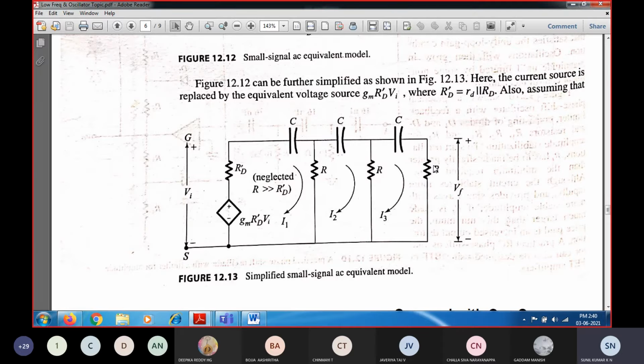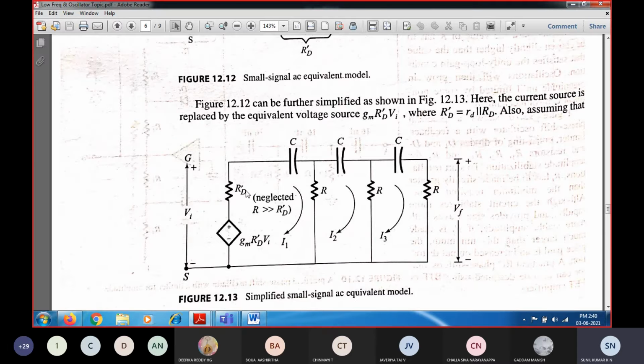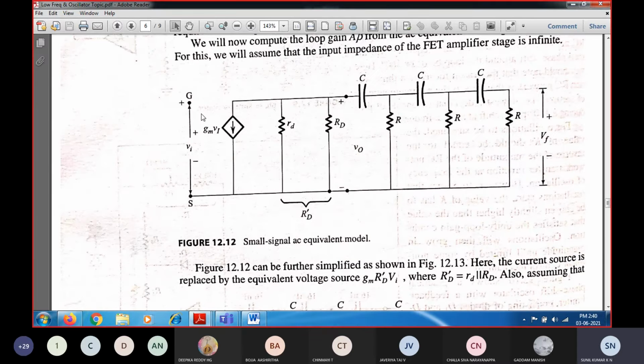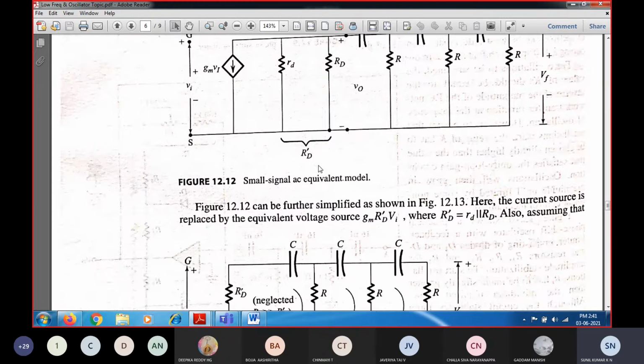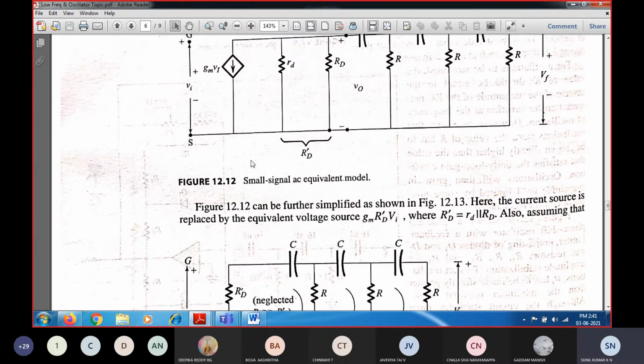You can simplify that circuit with an equivalent model. Instead of the current source connected in parallel, you can write the equivalent. The circuit can be replaced with a voltage source along with a series resistance. So gm times VI is the current source, and RD dash is the equivalent resistance.